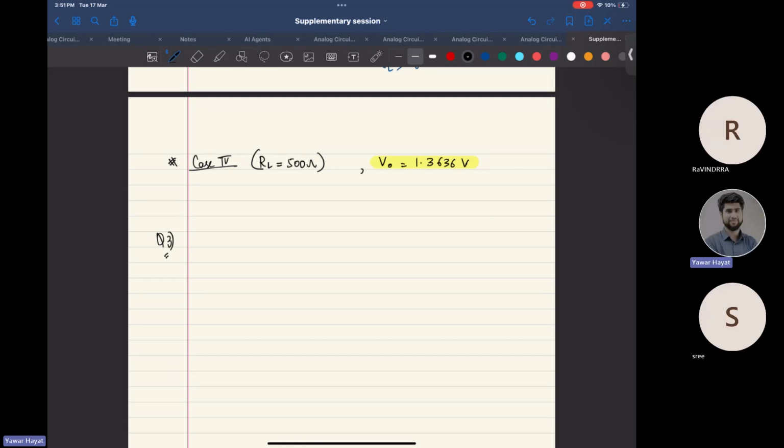All you need to do is keep everything the same as Q2, but your source resistance R, suppose that it is changed to 2 kilo ohm. If you do that, you need to find the output. Okay. Can you do this?